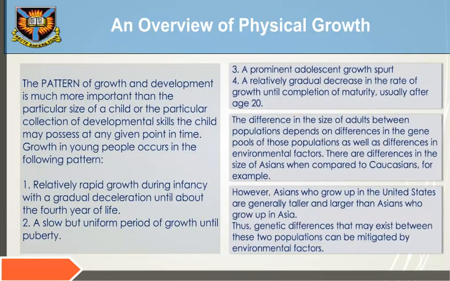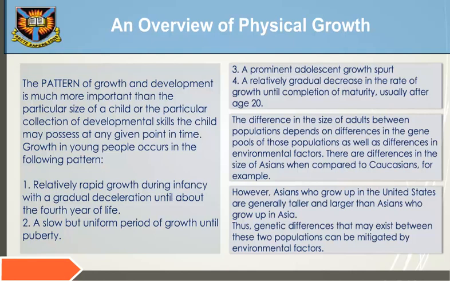The pattern of growth and development is much more important than the particular size of a child or the particular collection of developmental skills the child may possess at any given point in time. Growth in young people occurs in the following pattern. 1. Relatively rapid growth during infancy with a gradual deceleration until about the 4th year of life. 2.